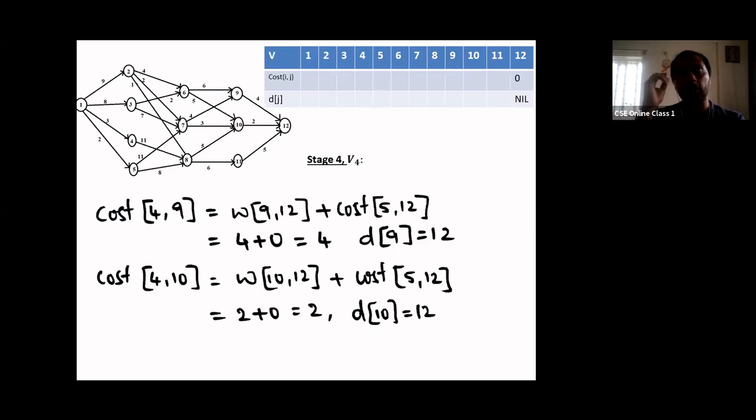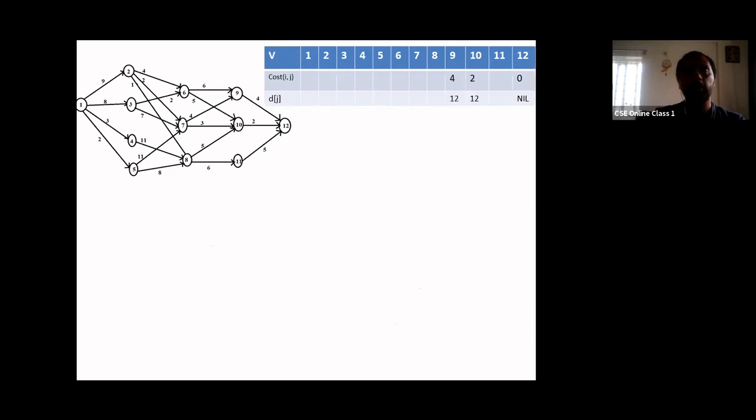Therefore, the next direction from 10 will be vertex 12. Am I right? Are you following? Yes, sir. So similarly you can keep filling the table. We get cost of 4 comma 9 is 4, cost of 4 comma 10 is 2. We have filled the respective values, and the direction in which they are connecting is node 12.